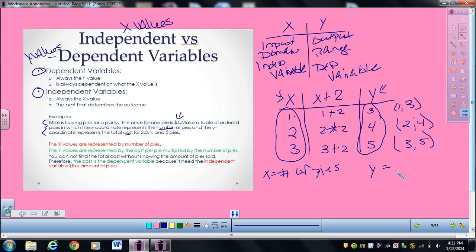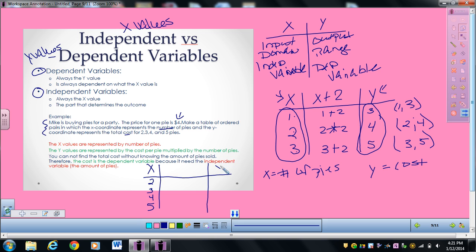Y equals the cost. Okay, where the x values are represented by the number of pies, 2, 3, 4, and 5 pies. So really we could make a table here, right? And for our x values we said the number of pies. So 2, 3, 4, and 5 pies, right?